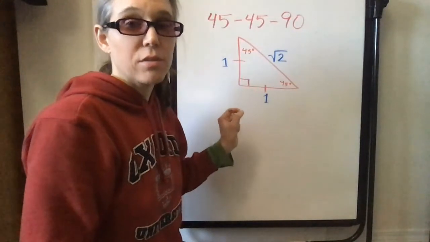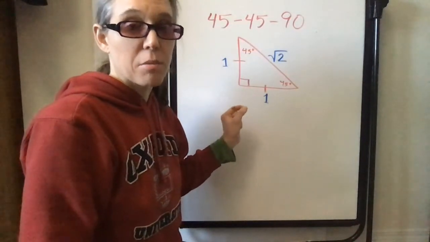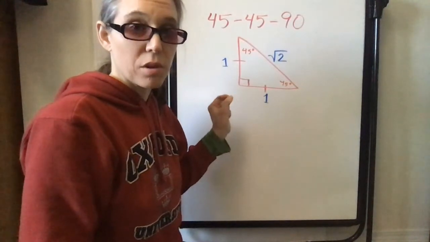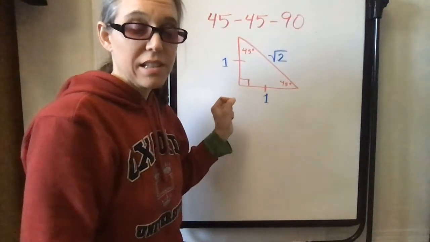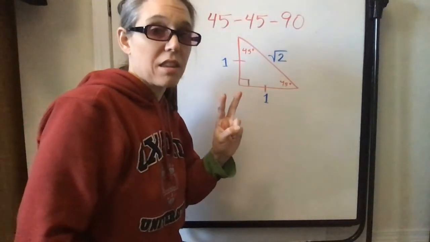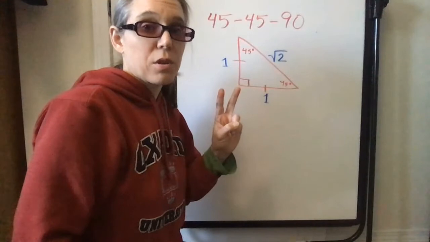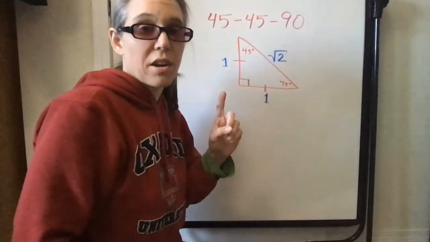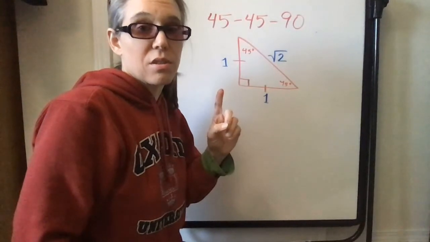And so if you have this reference triangle on a 3x5 card or memorized, and you need to figure out an unknown side length of a 45-45-90 triangle, instead of requiring two sides like the Pythagorean theorem does, a 45-45-90 triangle only requires that you know one side of the triangle to solve for the other two unknowns.